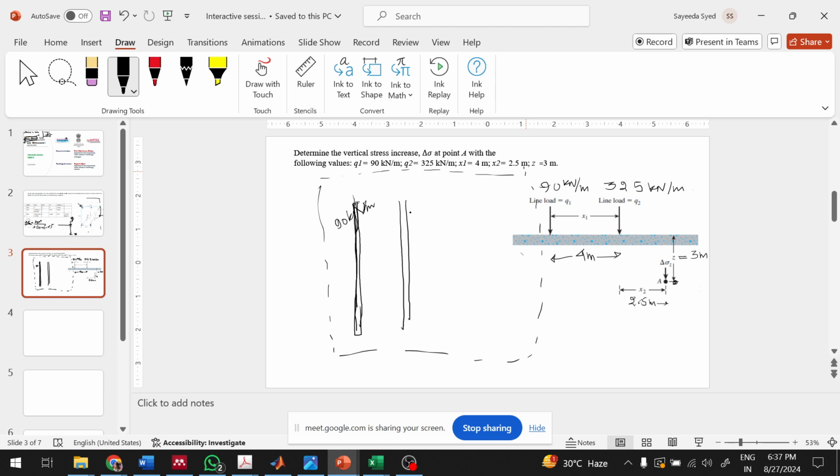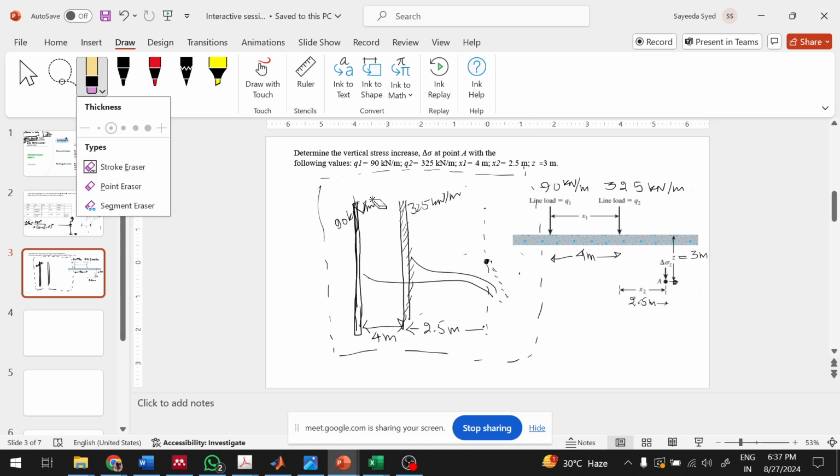This is maybe a concrete wall, so it's producing a higher load, 325 kilonewton per meter. And now I have a point, the distance between these two walls is 4 meter, and I have a point at a distance of 2.5 meter from the second wall. Okay, and at a depth of 3 meter from this point, I want to calculate what is the effect of load from these two walls. Okay, so this is what the question is saying.